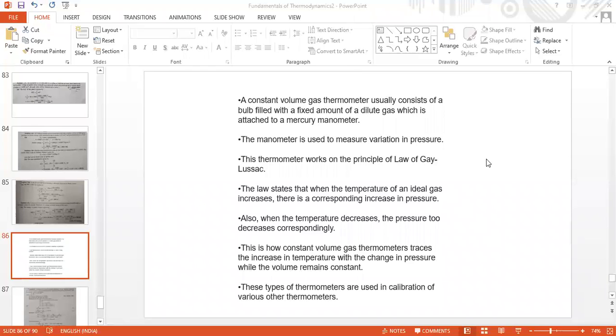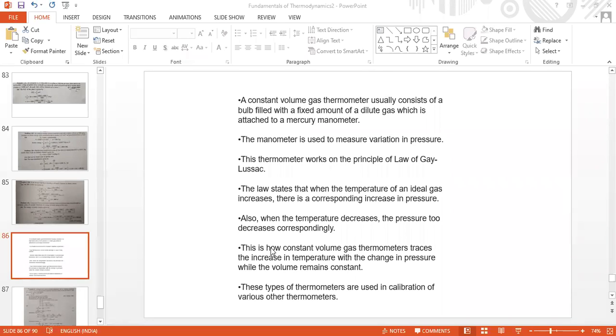Okay. The manometer is used to measure the variation in pressure in the bulb. And of course, because constant volume is maintained, because PV by T is equal to constant, and because volume is a constant, we write P1 by T1 equal to P2 by T2, like that.